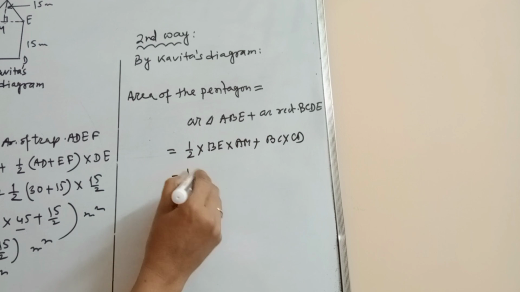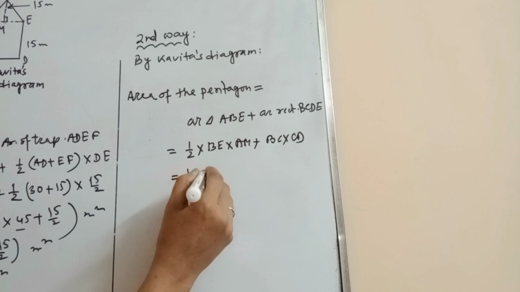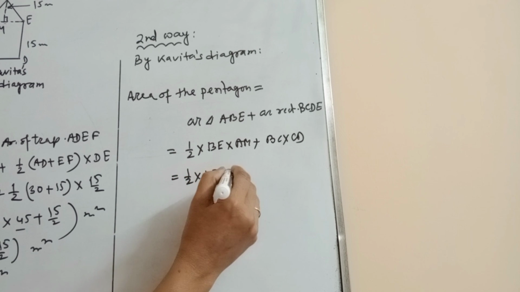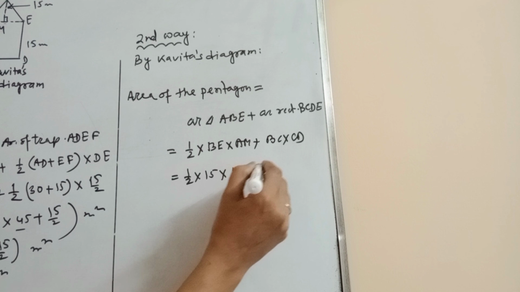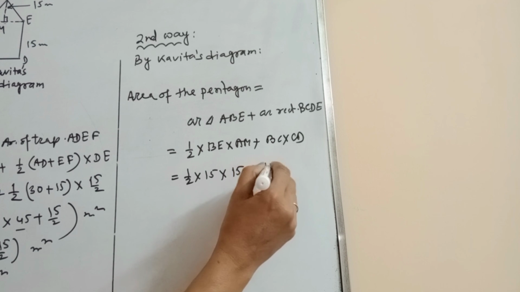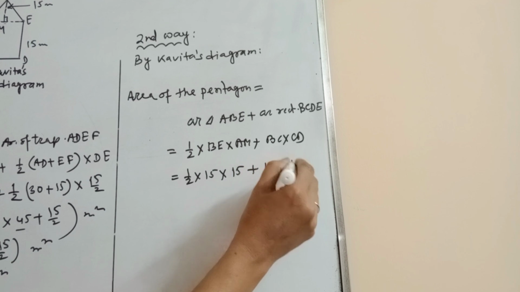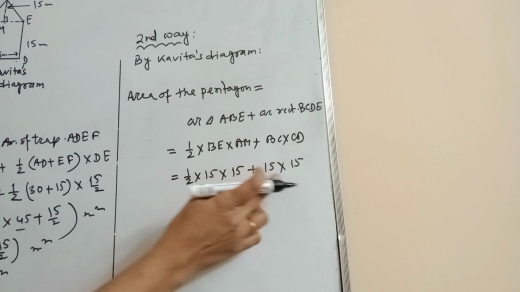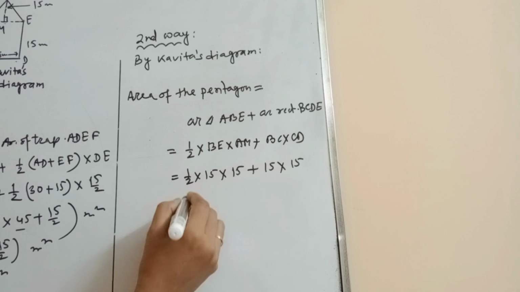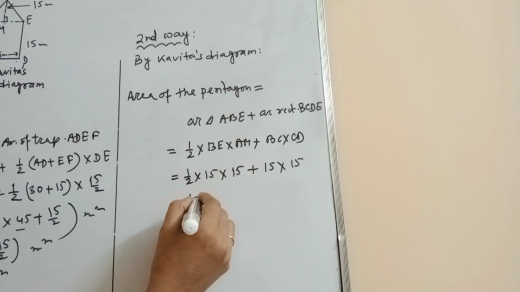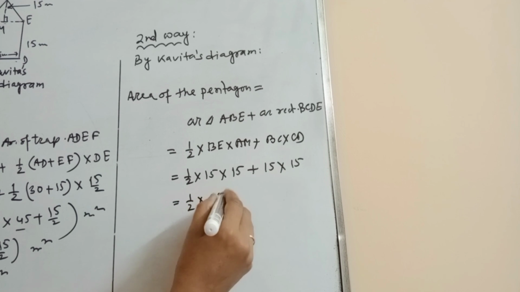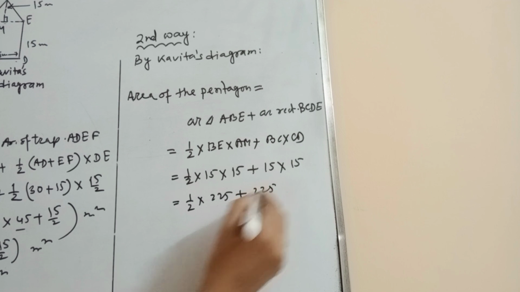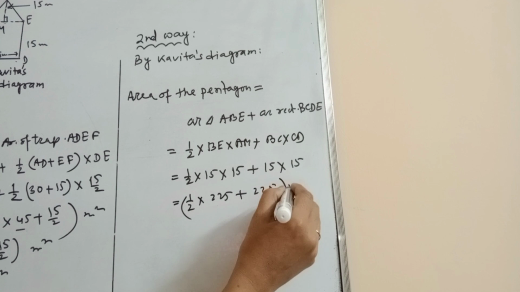Half into BE, that is 15, and AM also 15, plus BC 15 into CD 15, as it is a square. So this side is also 15, and this also, so 15 into 15. So 1 by 2 into 225 plus 225 meter square.